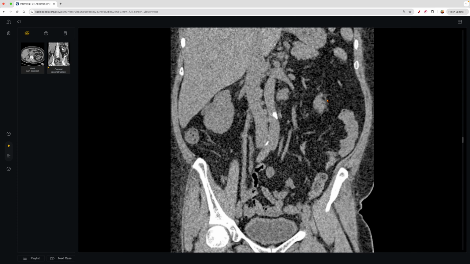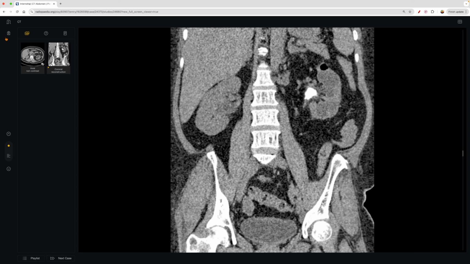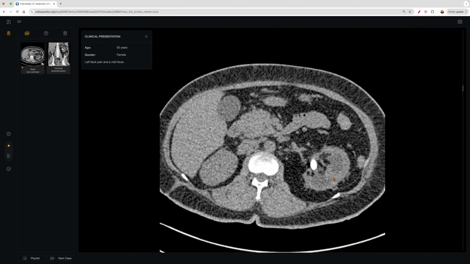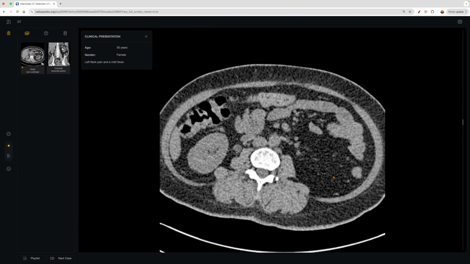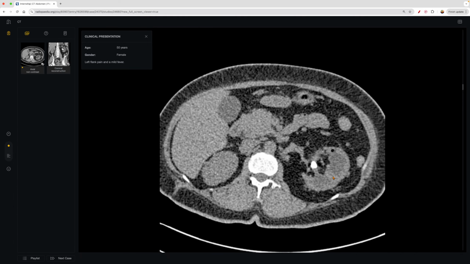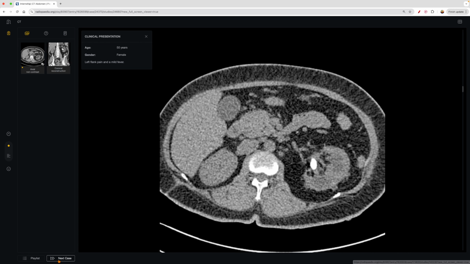This patient looks more unilateral compared to the other patient who had it bilateral, which is a bit crazy to think about. This patient is a 55-year-old female with flank pain and mild fever. Perhaps they don't have a history of diabetes, but nonetheless, they certainly developed a pretty severe infection of pyelonephritis. You can appreciate that as well, and the air within the kidneys, again, is abnormal, of course.